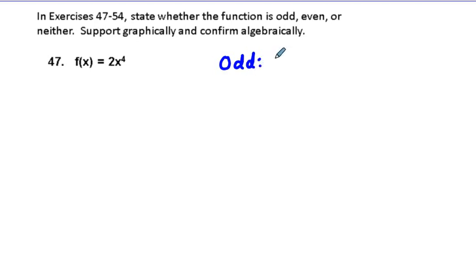So for an odd function, if we have a function f of negative x, that's going to be equal to negative f of x.